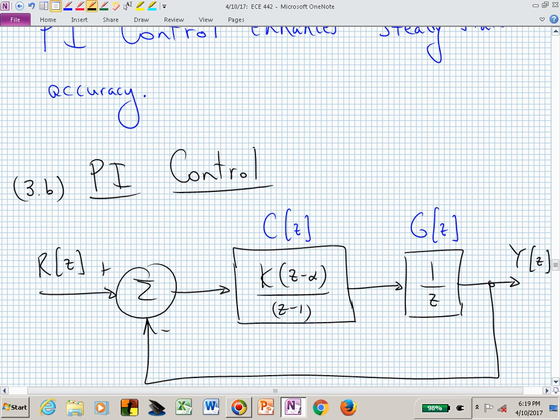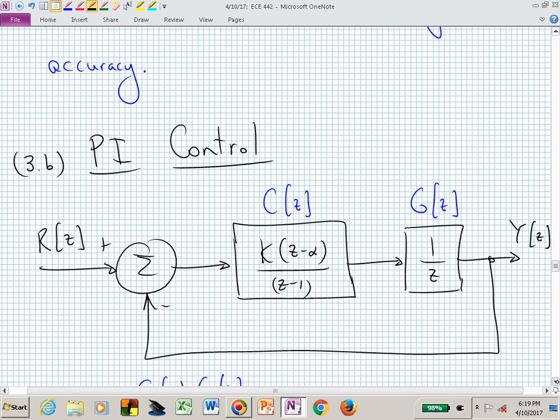Where are they starting? I'm saying at k equals 0, where are my open loop poles? One's at the origin still. That was my plant. And my PI controller gives me a pole at z equal to 1.